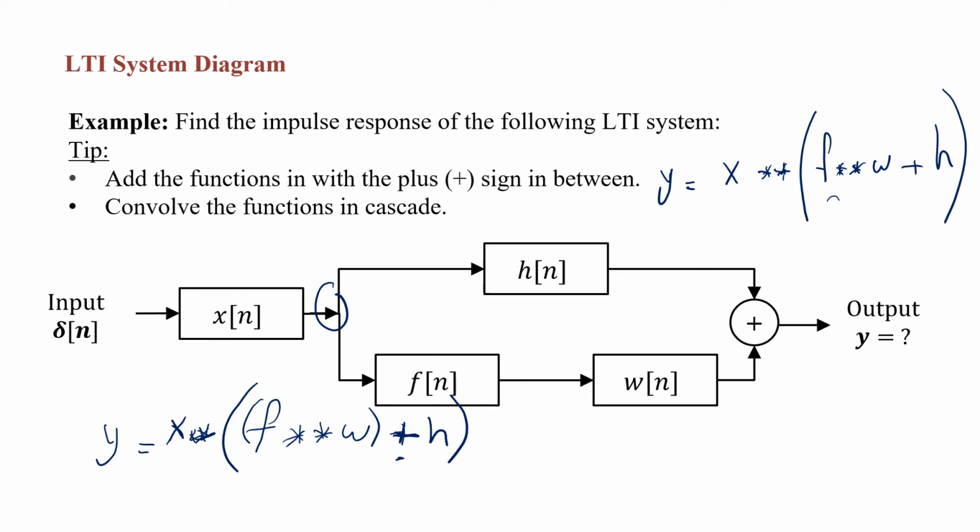I don't need to put the bracket here because convolution has higher priority, so the bracket here is optional. Just to make it more readable, I'm going to add it around f convolved with w.